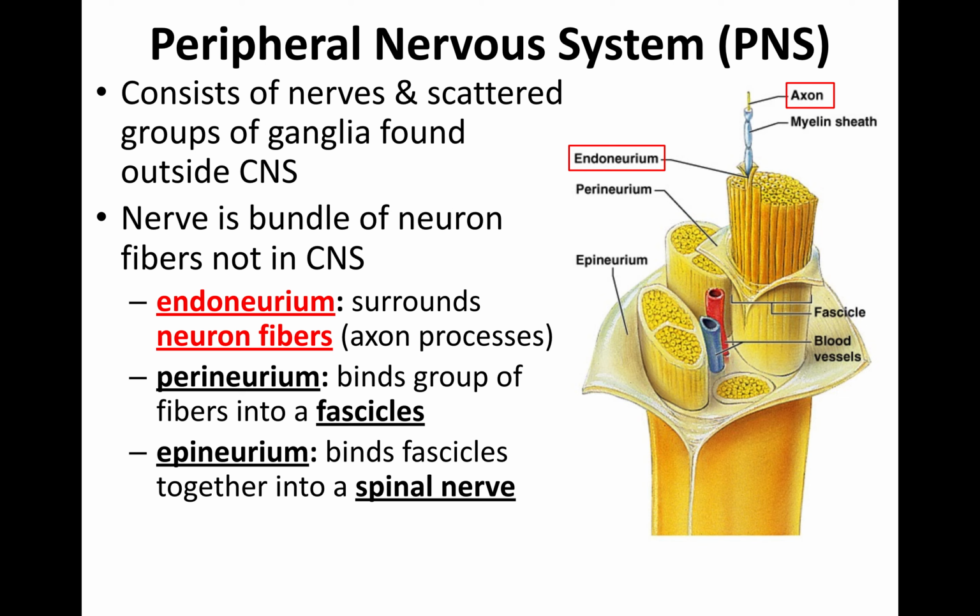Then we're going to take all those individually wrapped axons in their endoneurium and bundle them together into what's called a fascicle. That fascicle of various axons, each with their own protective layers, is then covered in what's called a perineurium layer, another protective layer.